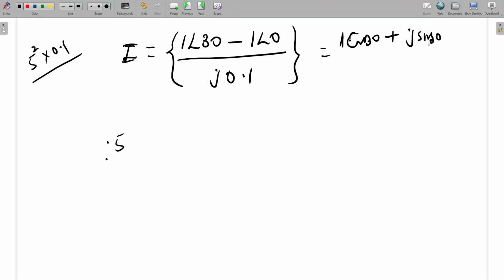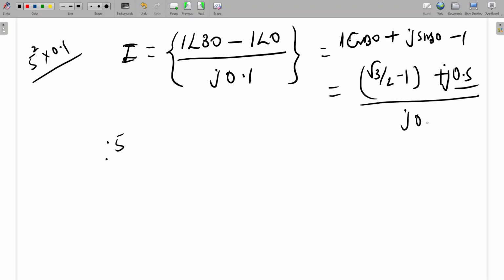So 1 cos 30 plus j sin 30 minus 1. So cos 30 how much? Root 3 by 2 minus 1 plus j 0.5. This is the complex number at numerator, and denominator it will be j 0.1. So this magnitude divided by this magnitude will be the total magnitude.